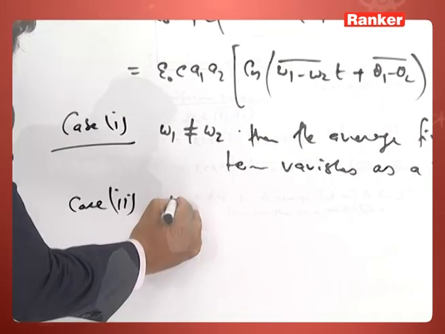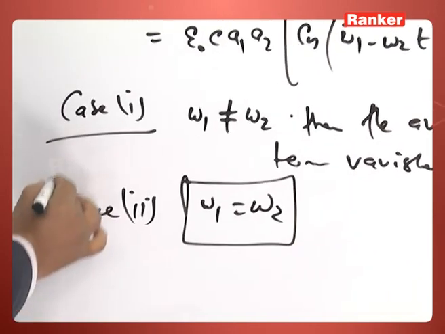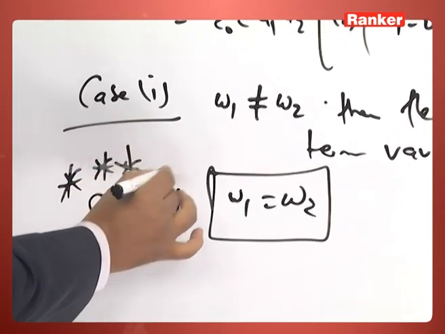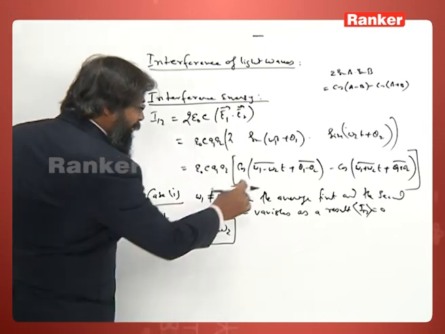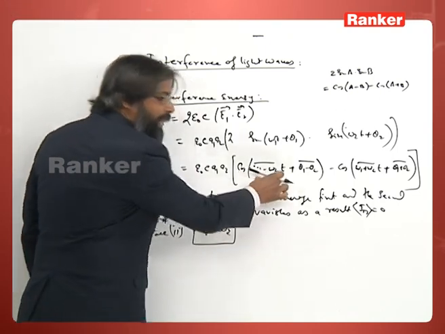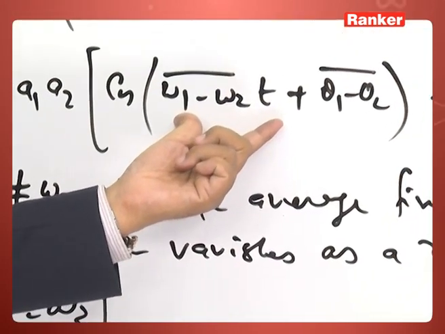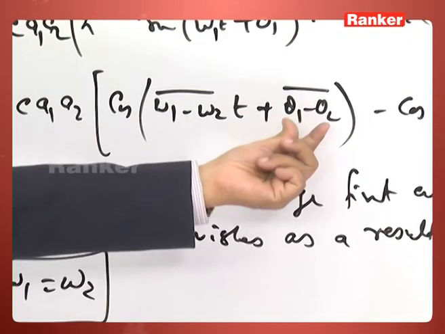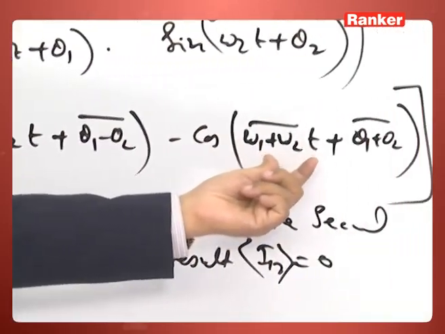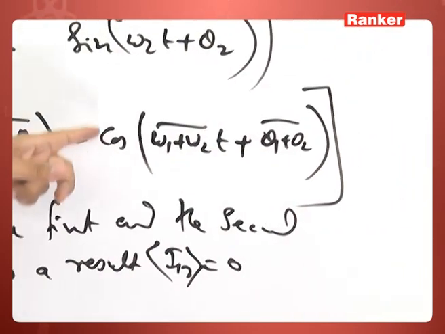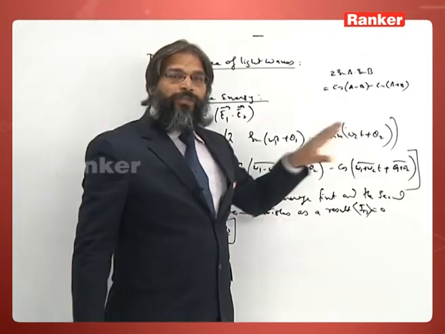Now, case 2, when omega 1 and omega 2 are equal, this is a very important point. When omega 1 and omega 2 are equal, that means this time varying factor becomes 0. When this term becomes 0, then this term is cos(theta 1 minus theta 2). What about this term? They two are equal. So, this cos function is time dependent, and over a large time its average is 0.